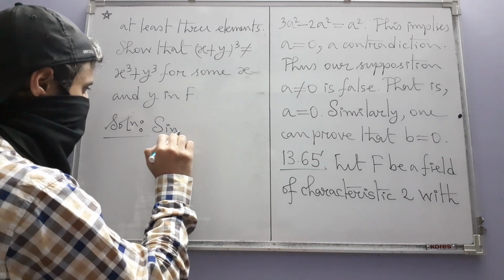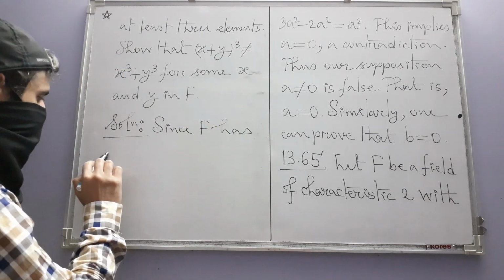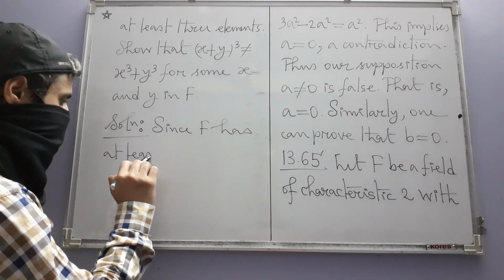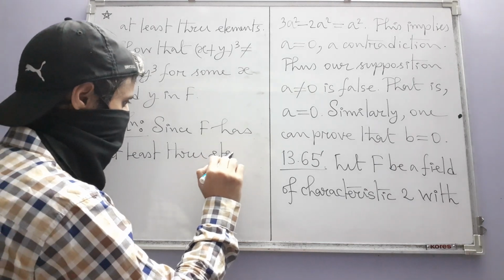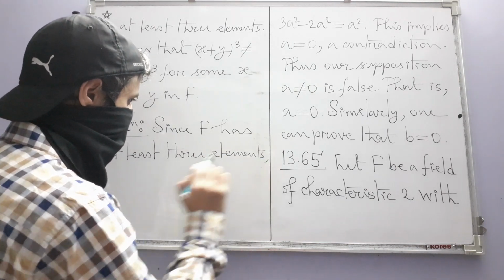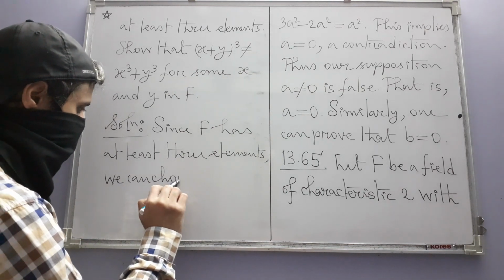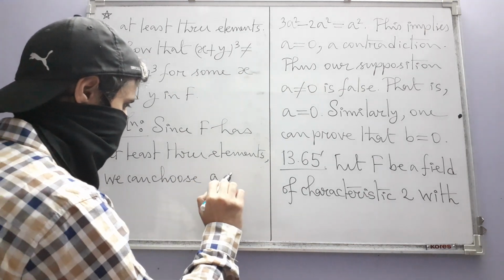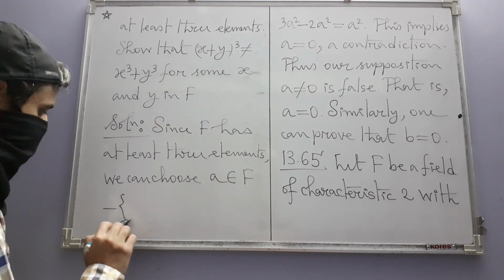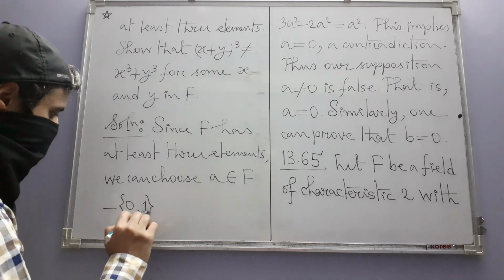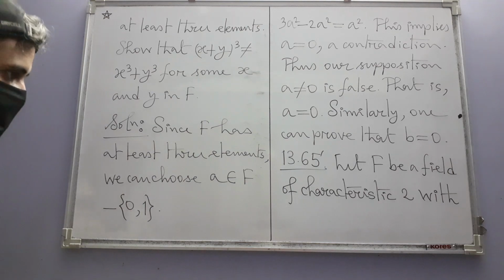Since F has at least three elements, we can choose an element in F that is different from both the zero element and the unity. This of course we can choose, that's the hypothesis.